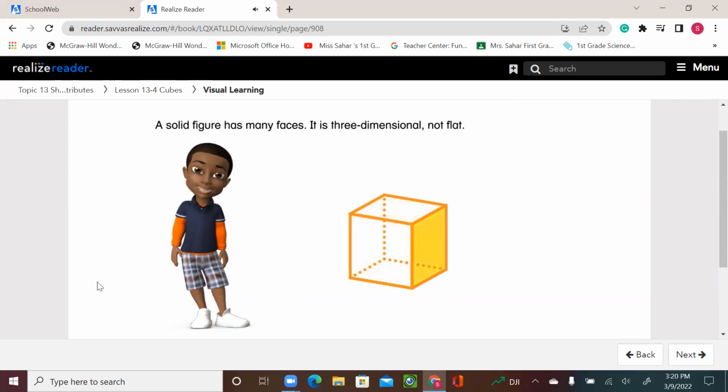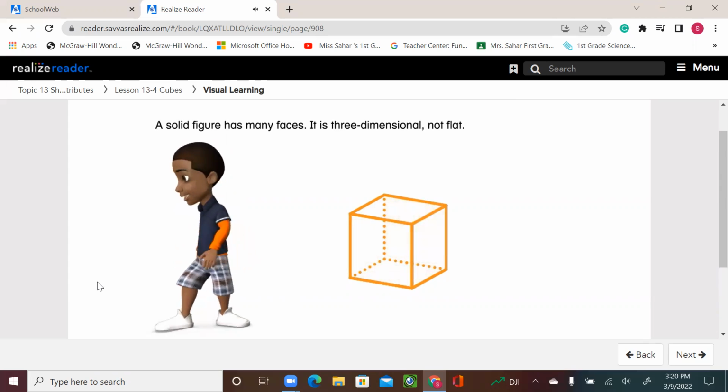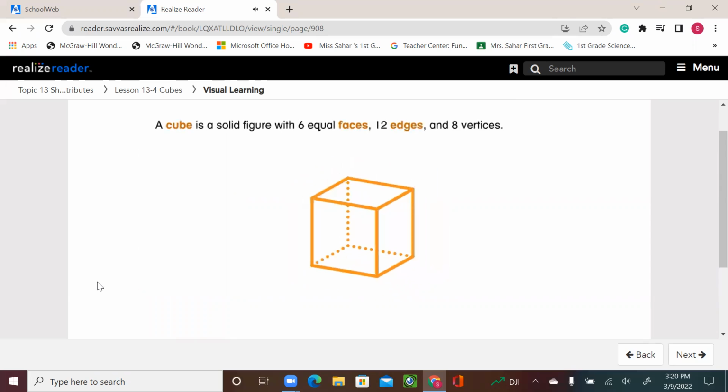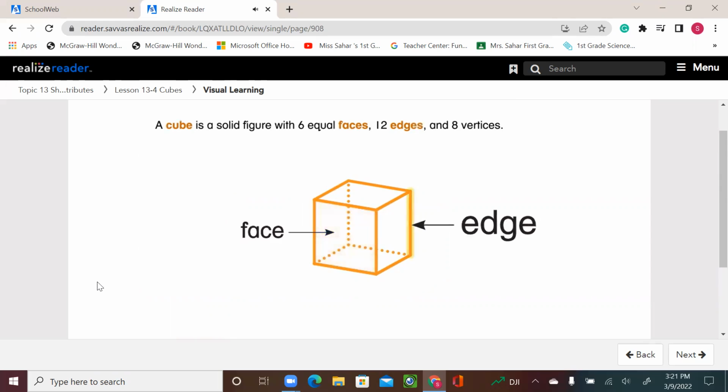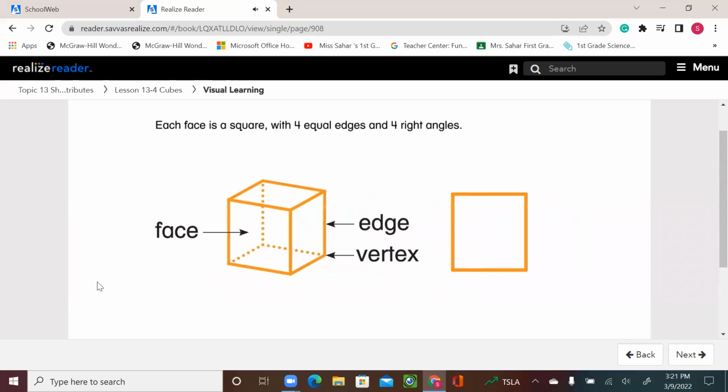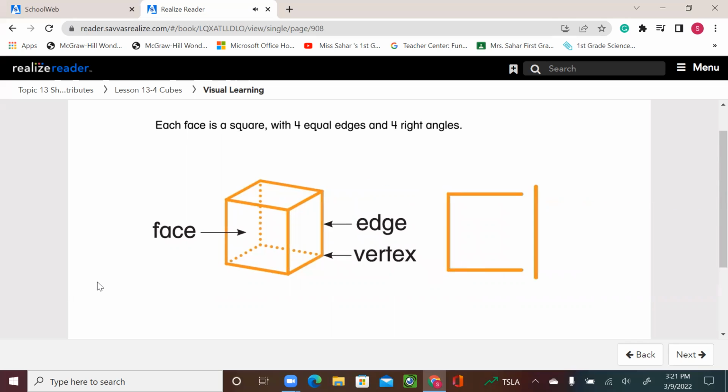It is three-dimensional, not flat. A cube is a solid figure with 6 equal faces, 12 edges, and 8 vertices. Each face is a square with 4 equal edges and 4 right angles.